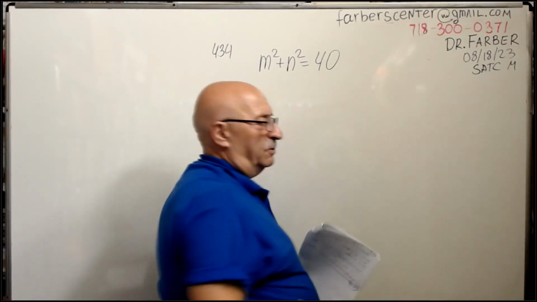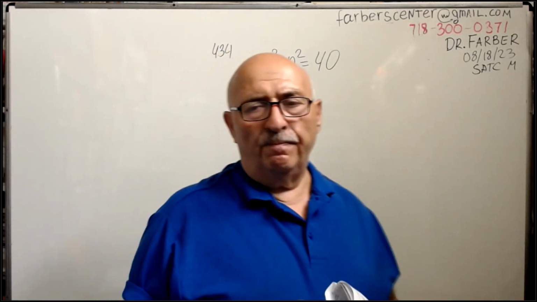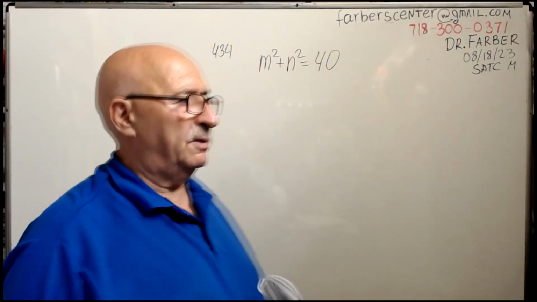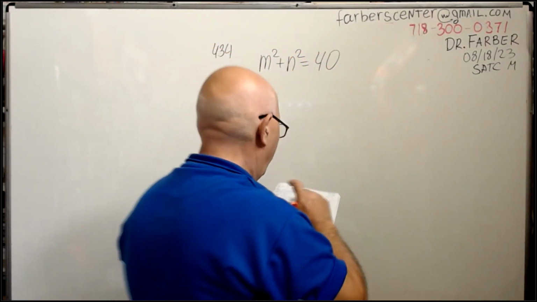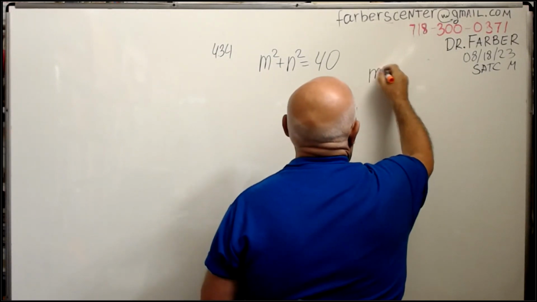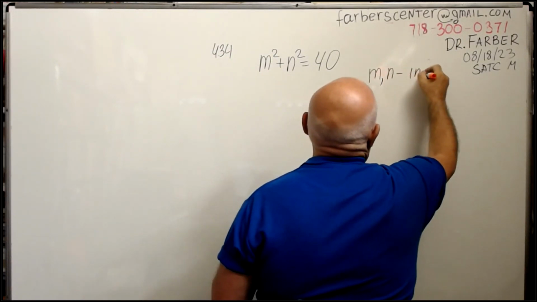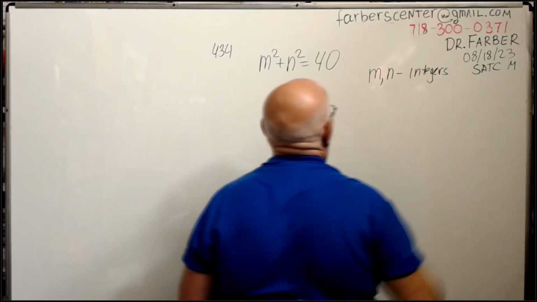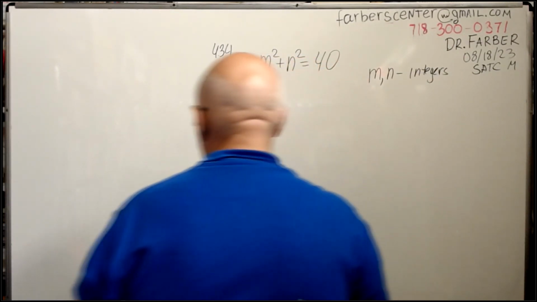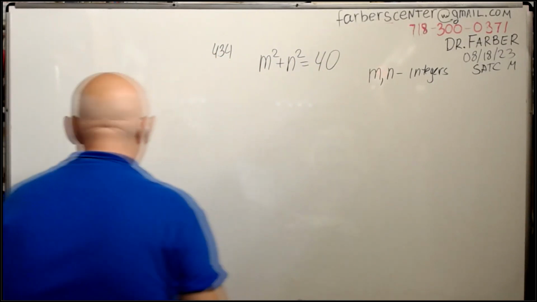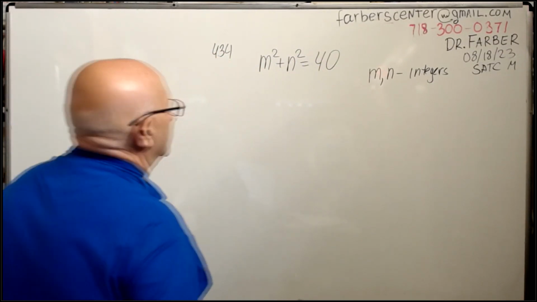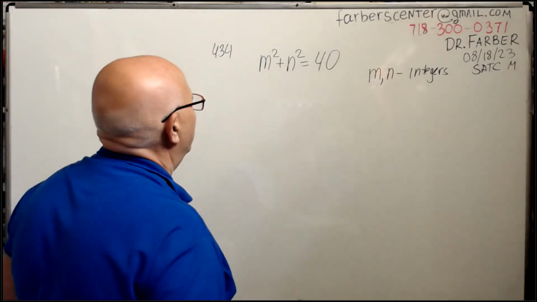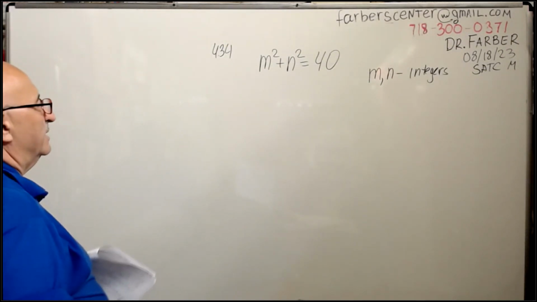Remember, we started with the Diophantine equation, because we have one equation with two unknowns, undefined, but we have some restrictions here. m and n are integers, very good. Since they are integers, m squared and n squared are supposed to be perfect squares less than 40.